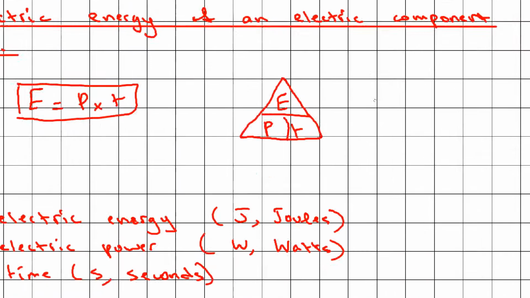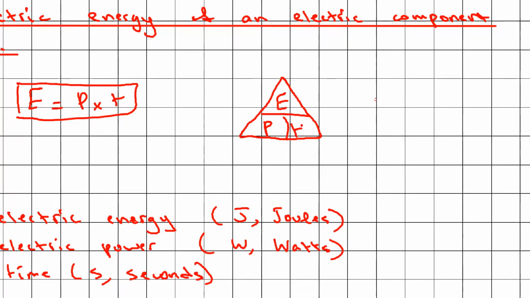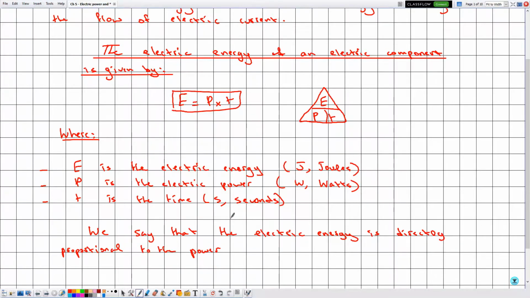And notice that also E and T are variables living in different floors, so they love each other. Whenever T increases, also E increases, which means that E and T are also directly proportional, and the electric energy is also directly proportional to time, so to power and time.